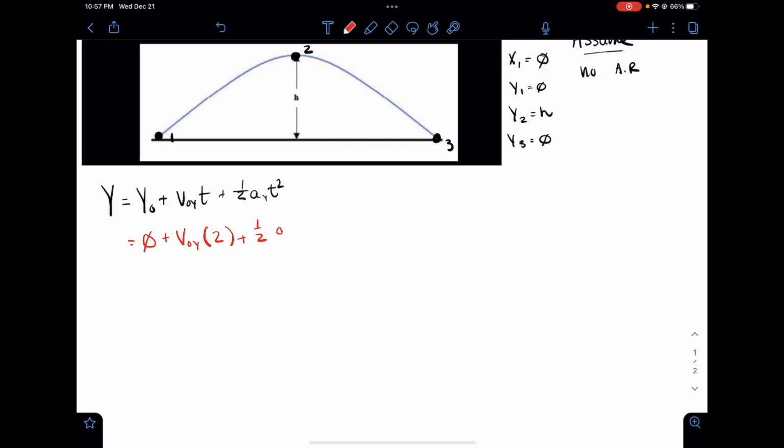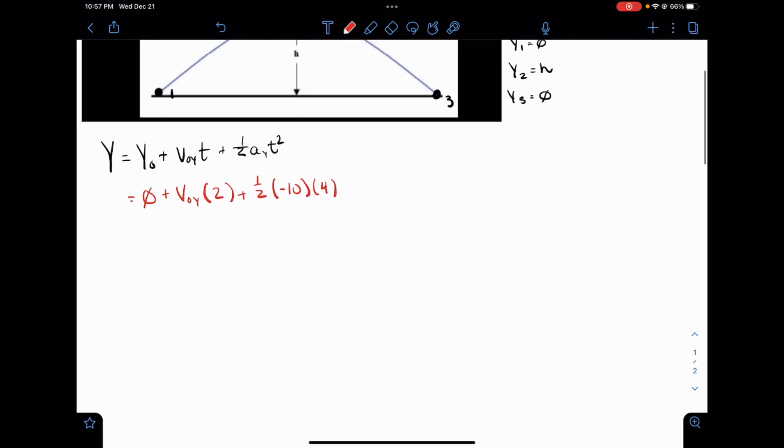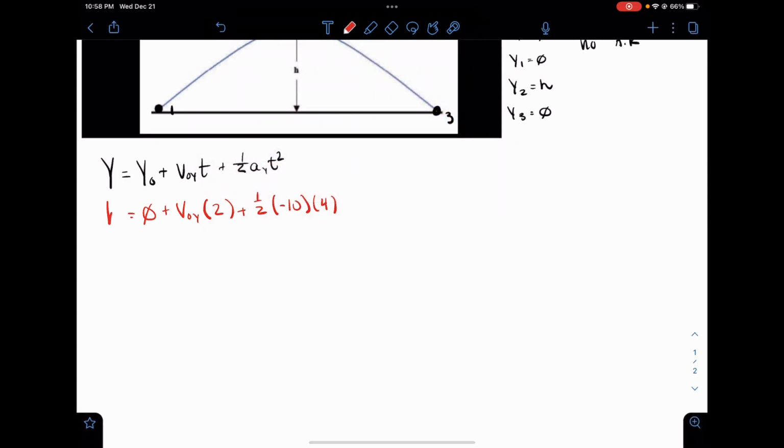Acceleration in the y direction is just g. And I'm going to instantly plug in -10 meters per second squared. And I know 2 squared is going to be 4, so t squared is going to be 4. Okay. And my final y is the height I'm looking for.